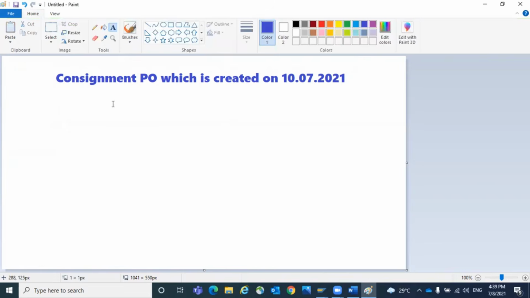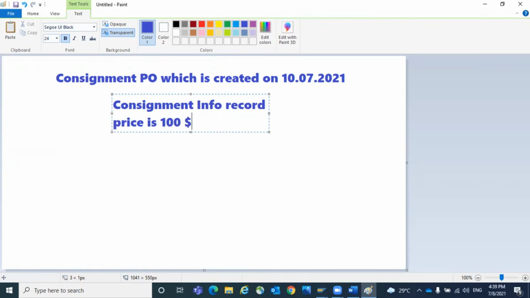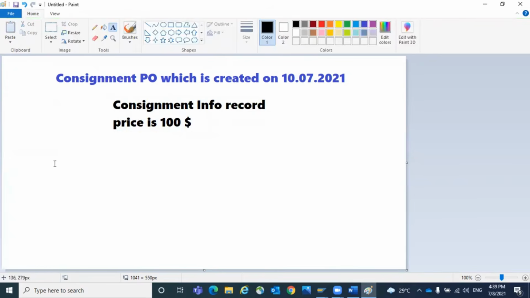At that point of time, the consignment info record price is $100. Okay, the consignment info record price is $100 at that point of time.